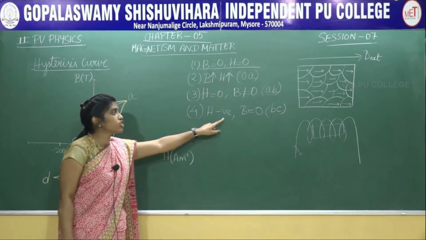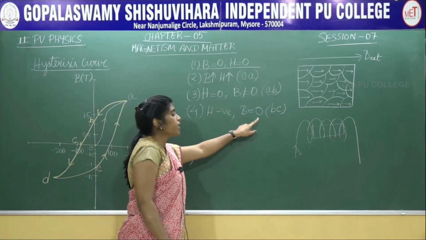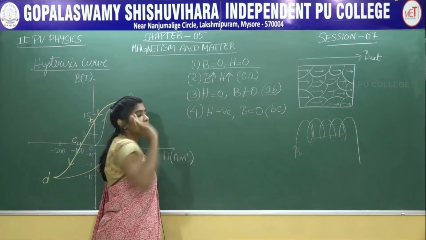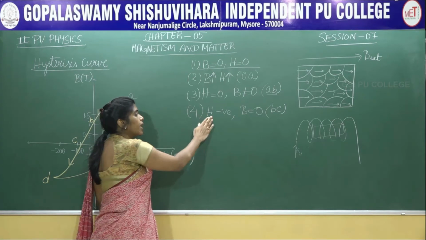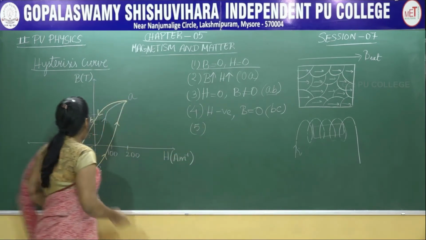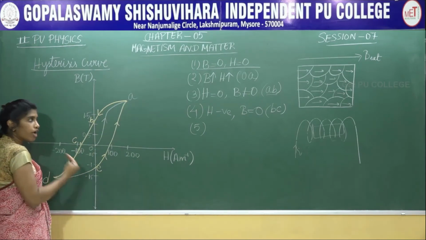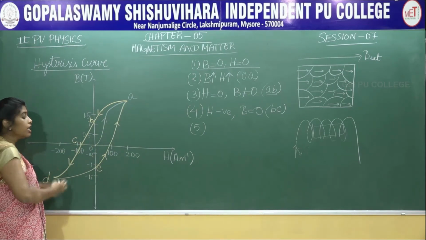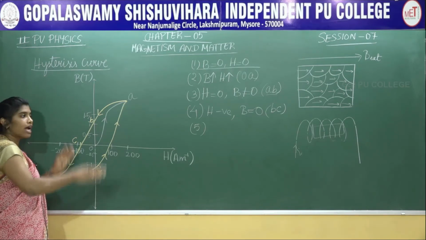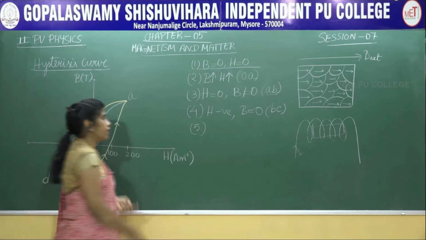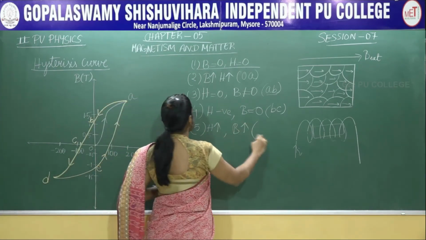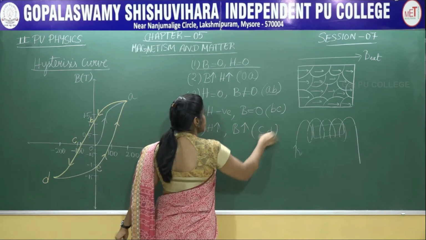To completely remove the magnetization from the magnetic material, we have to make the value of H negative. And further, I have increased the value of H in the reverse direction. So, the magnetic field also increases and again it gets saturated. So, H is increased, B also increases, which is represented by CD.